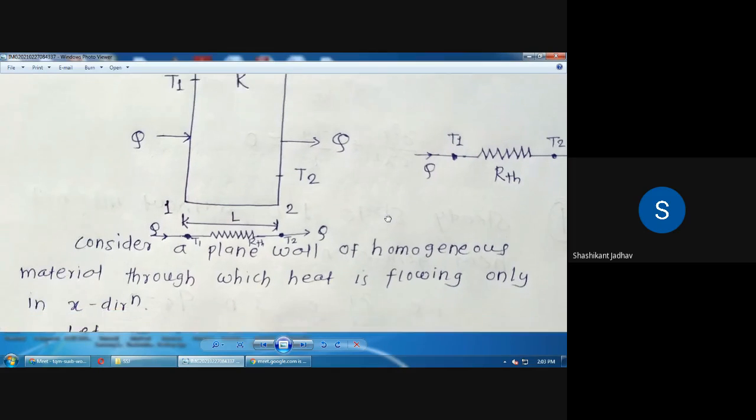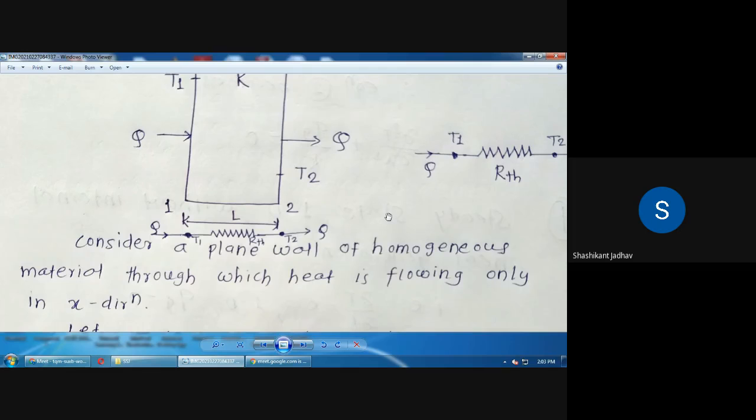So write down: consider a plane wall of homogeneous material through which heat is flowing only in the x direction.